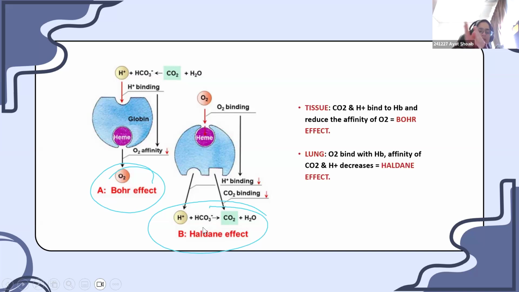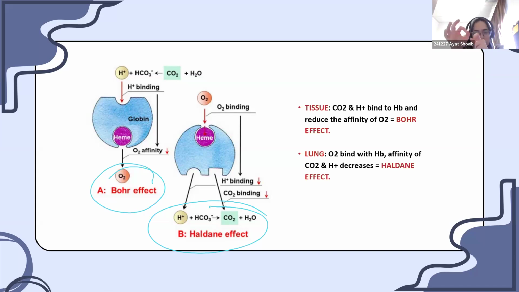And the Haldane effect, it's kind of opposite, right? The Bohr effect, by the way, usually happens in the tissue because in the tissue you have a lot of carbon dioxide. You need to get rid of it. You have a lot of carbon dioxide, and you need oxygen. As I said, you need to reduce the affinity of oxygen with the hemoglobin, so hemoglobin can leave the oxygen so that you can take it, right?